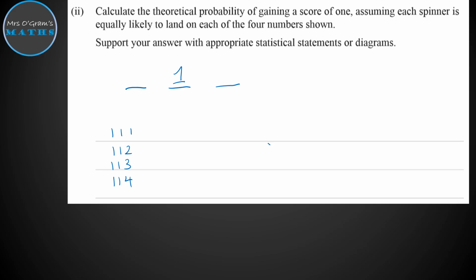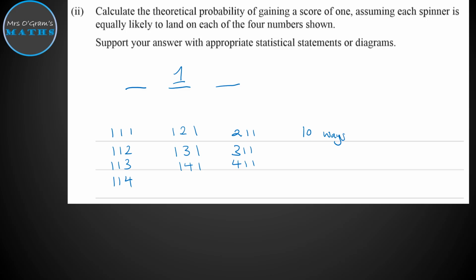So we could also have 1, 2, 1, 1, 3, 1, 1, 4, 1. And then 2, 1, 1, 3, 1, 1, 4, 1, 1. So there's our total ways we could do it. So this is 10 ways to get what we want.